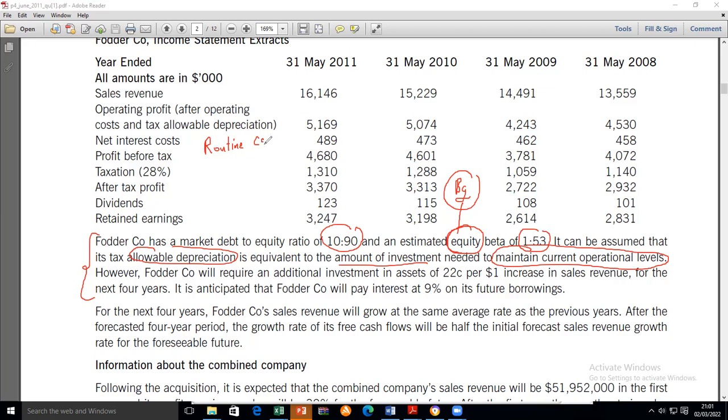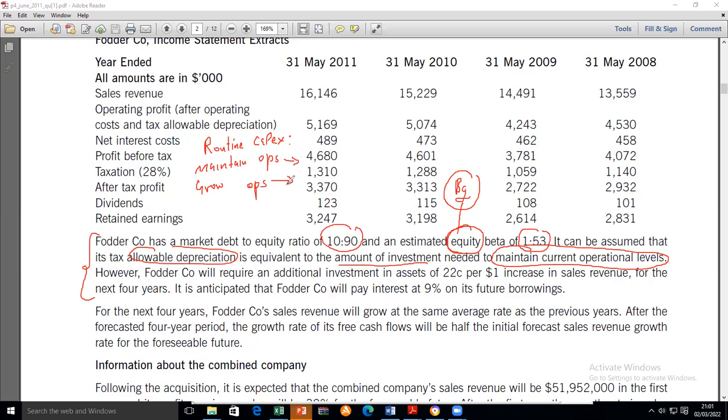And the routine capital expenditure that you have to remove has two components: the one used to maintain our current operations, and the other one used to grow our operations.